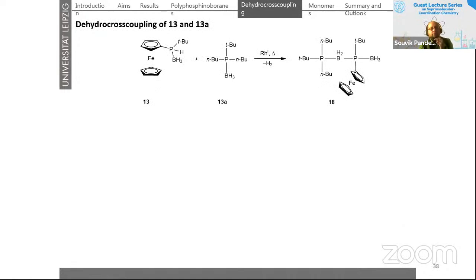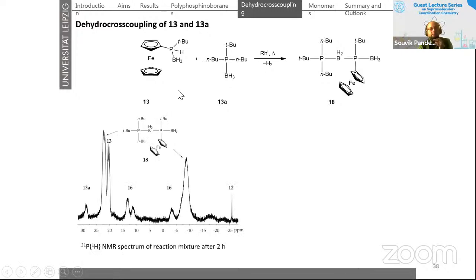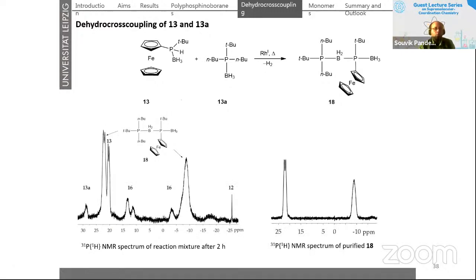And now we have tried to get the polymer out of it. And yes, I will show you one more reaction where with this tertiary butyl derivative PH-based, I use tertiary butyl and n-butyl, and this tertiary phosphinoborane was cross dehydrocoupled, and we got this polymer.